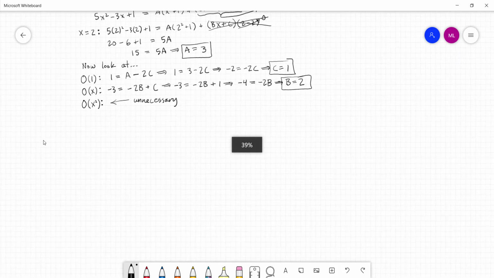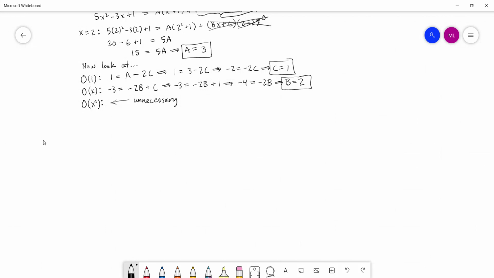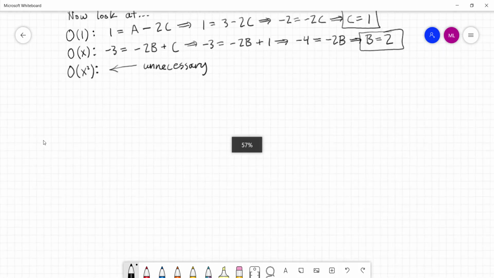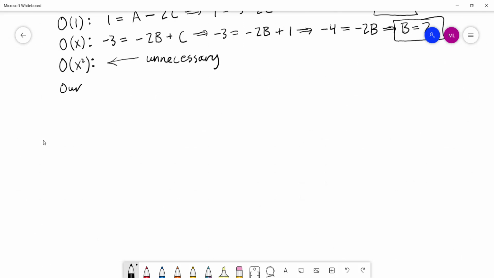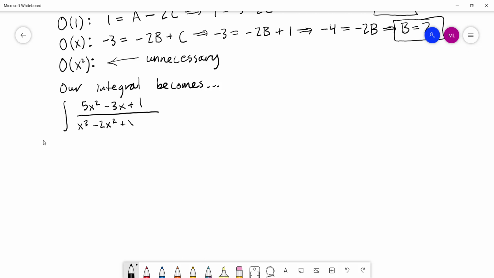Okay, so we've got our a, b, and c, and our integral becomes the following. Let me just go back. I have it written down here. Hopefully you have it written down as well. So it was the integral of 5x squared minus 3x plus 1 over x cubed minus 2x squared plus x minus 2 dx. We were able to factor the denominator.